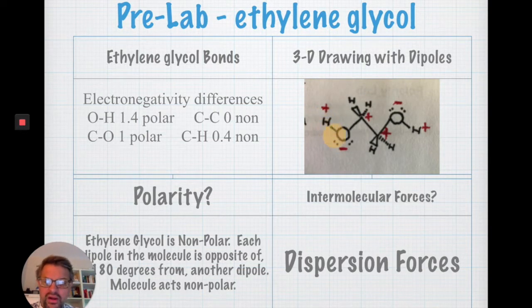This polar bond is opposite of this one. They're at a 180-degree angle. This bond here is opposite of this bond. So every polar bond in this molecule is actually at a 180-degree angle to one of the other polar bonds. So this molecule behaves in a nonpolar way. Dispersion forces are how it's attracted.